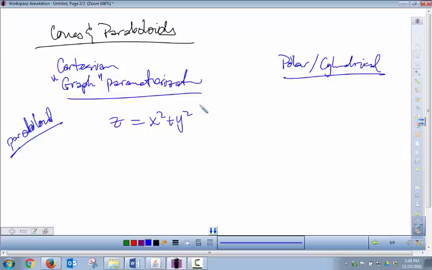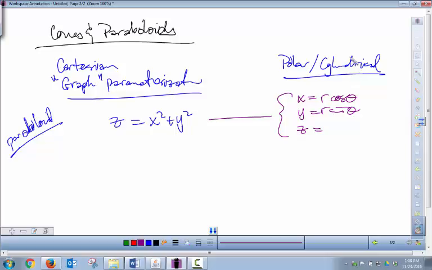we could do this in polar coordinates by transforming this into x is equal to r cosine theta, y is equal to r sine theta, and z is equal to what? R squared. So we want to keep it with just two variables.